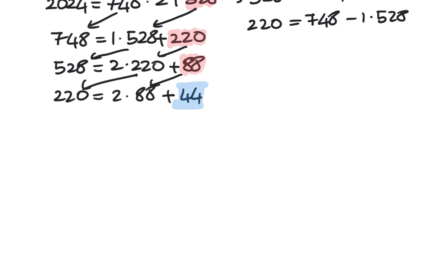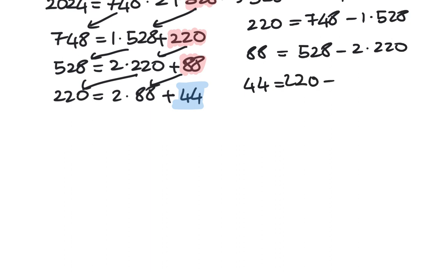Then 88 is 528 minus 2 times 220. And 44 is 220 minus 2 times 88.